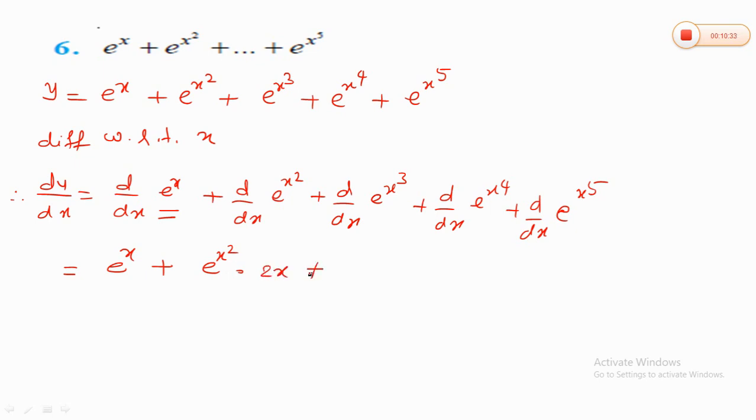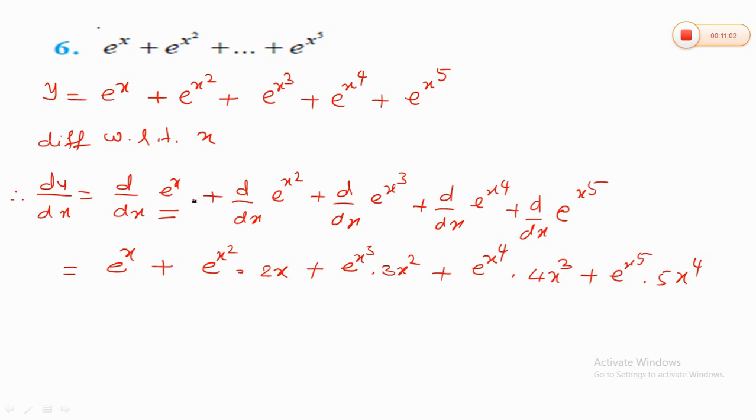Similarly in this case, e^(f(x)) means e^(x^3). It is also composite, and the derivative of x^3 is 3x^2. Similarly, e^(x^4) times the derivative of f(x), that is 4x^3. Similarly, e^(x^5) into 5x^4.